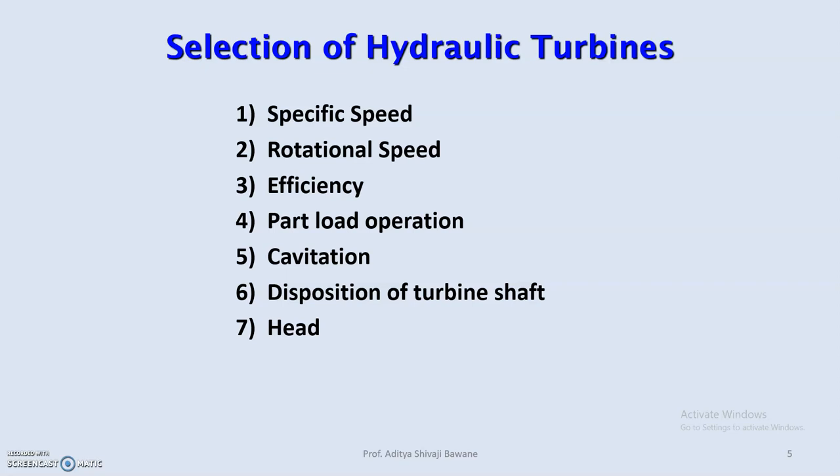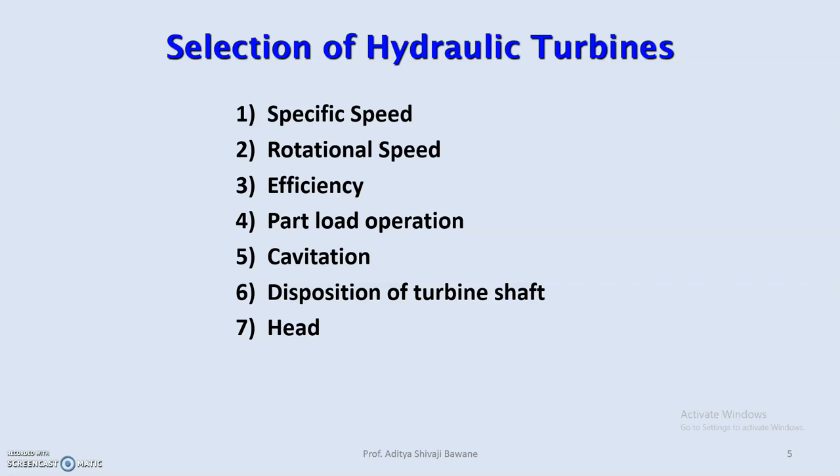Next is part load operation. We know we are selecting the highest efficiency, but what about the part load condition when the load is varying continuously? In that case also, if the turbine is giving maximum output, that turbine will be good.